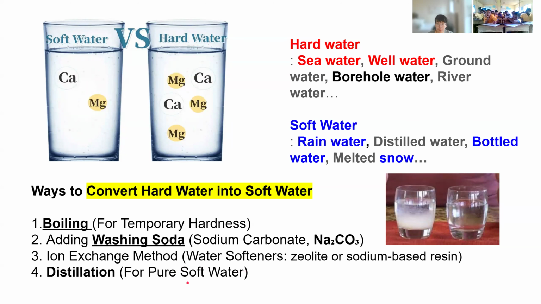So we learned last time about distillation being boiling the solution at a specific temperature, and it only allows soft water to be evaporated and collected in another flask. So distillation might be another way, but the main way that maybe you guys need to know is by boiling.